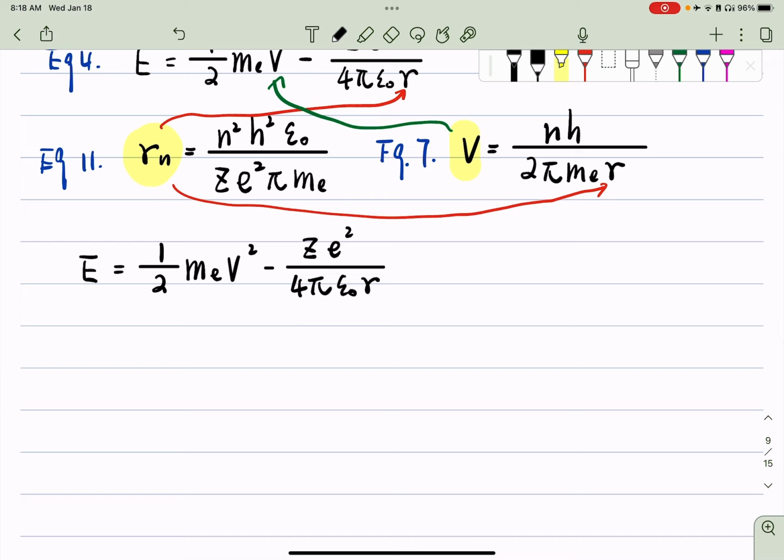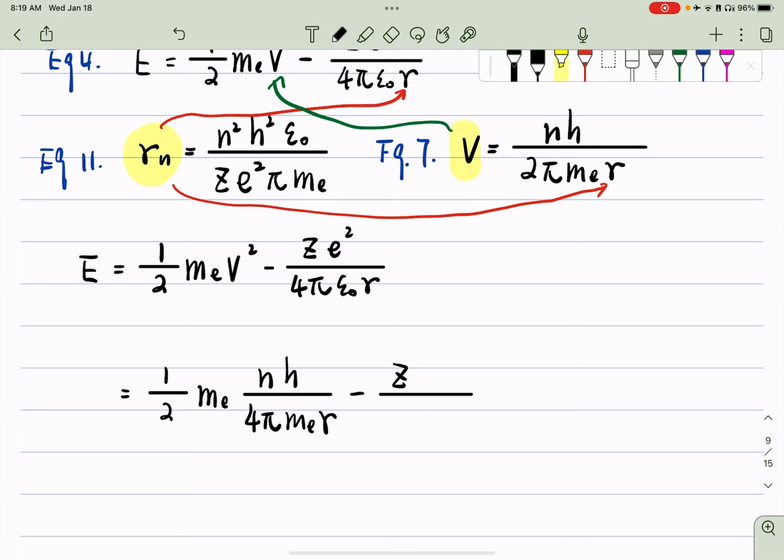Let me put in the velocity first. We have 1/2 m_e times n h over 4 pi m_e r, minus Z e squared over 4 pi epsilon naught r.